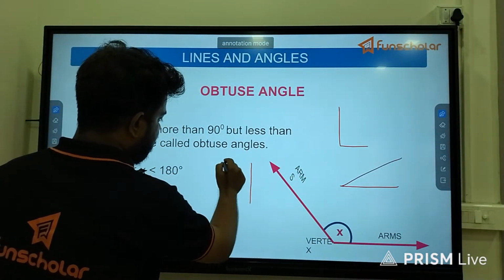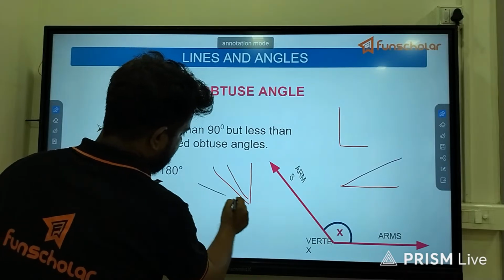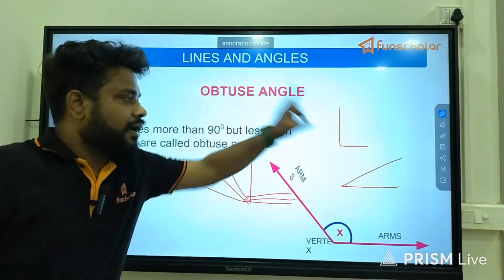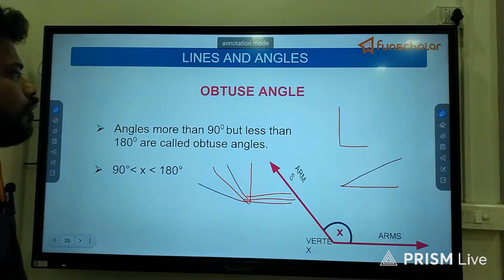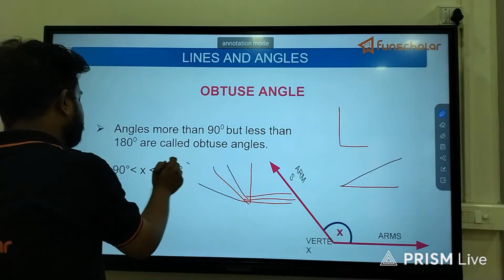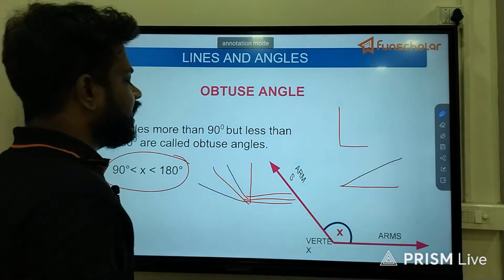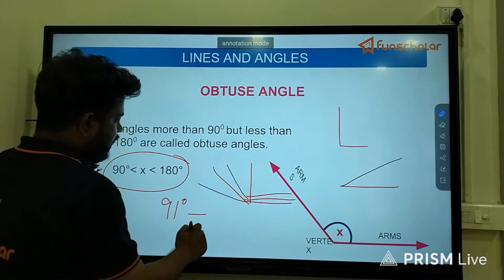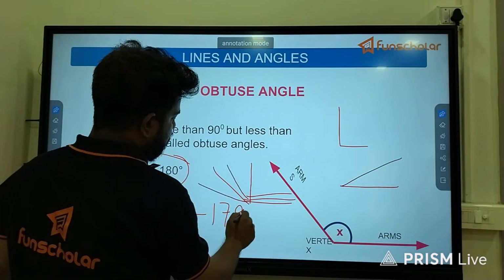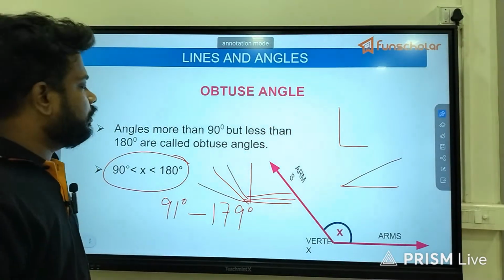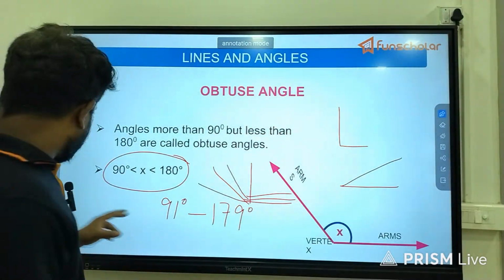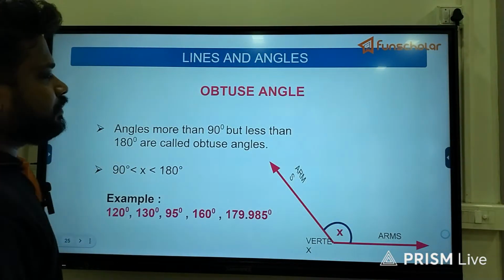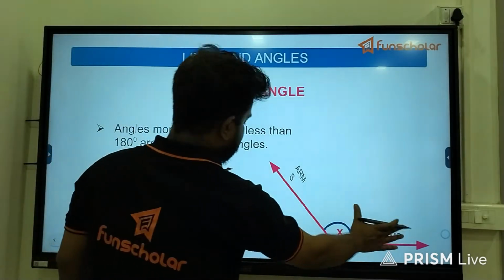Like this angle, they are all bigger than the right angle and will be called obtuse angles. The measurement will be bigger than 90 degrees and smaller than 180 degrees, starting from 91 degrees up to 179 degrees. So these are the examples and the image will look like this.